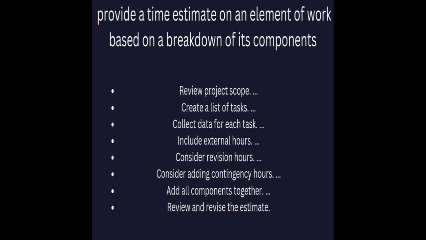I considered revision hours. I sat down and reviewed my code and made sure everything that I had on my scope and on my task list is exactly what I have on my work that I have done. I added all the components together and then I reviewed and revised the work.